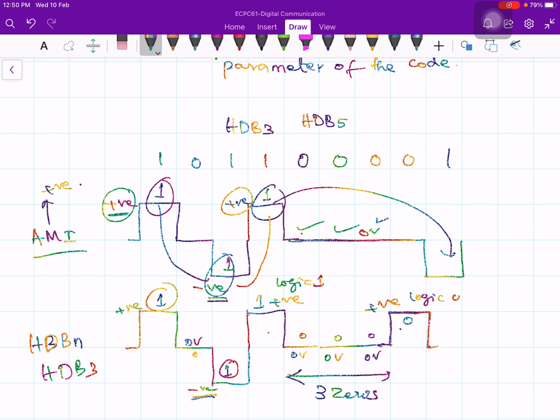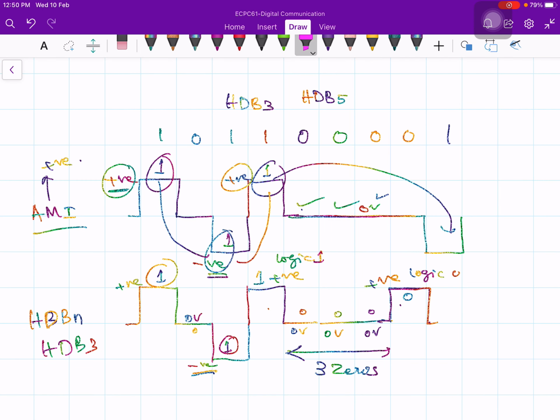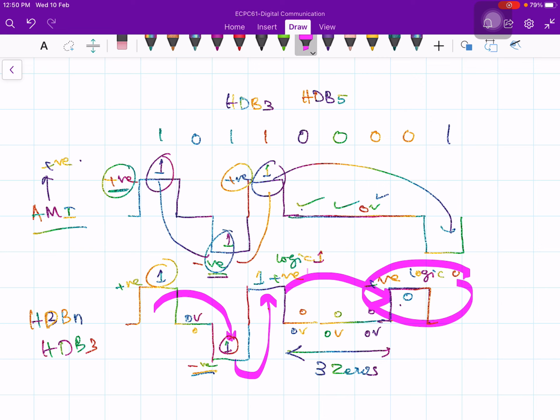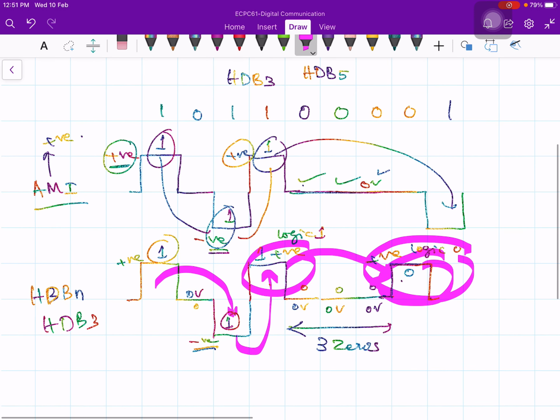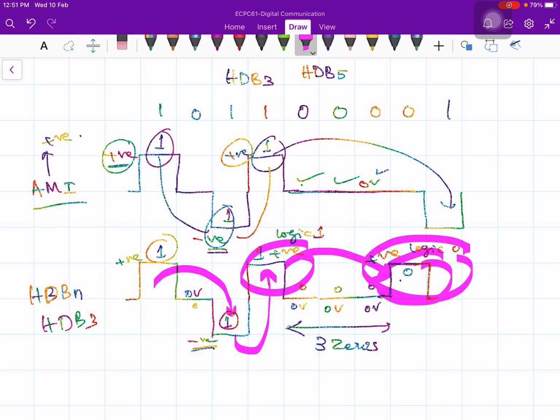But in this code also, if you look at positive to negative, negative to positive, then again positive to positive. So whenever you encounter this kind of positive to positive, then you will come to know that this positive voltage is denoting logic 0, not logic 1. Therefore, one of the common features of both these codes is that they are actually both bipolar.